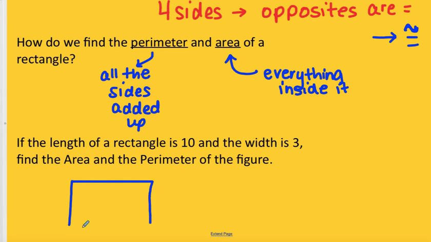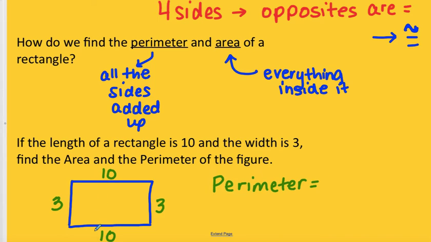I always want to draw a figure if they don't give me one and label what I have. So it says the length, which is always the longer side, is 10 and the width is 3. All right, so I can say that opposite side is 10 and opposite side is 3. And so then I can add them all up to get the perimeter, because perimeter is all the sides added up.